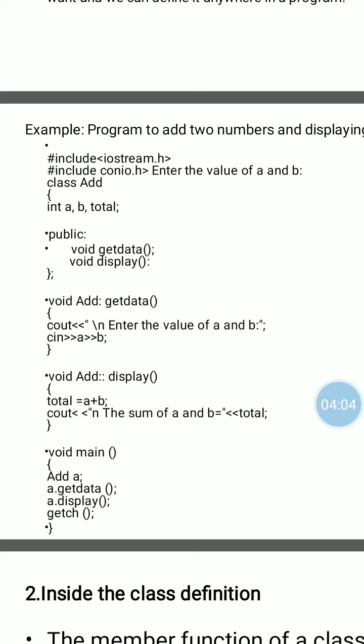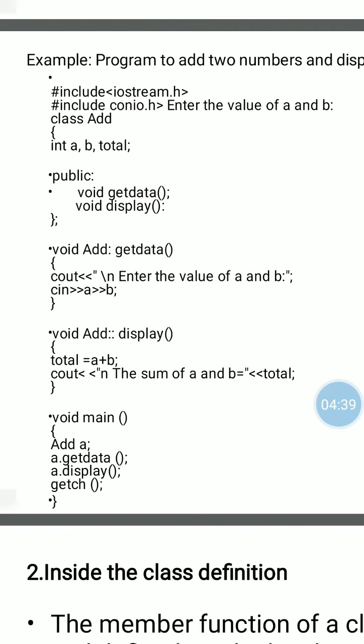So enter the value of a and b, that is, the cout function displays the message, and the cin function is used to take the input, that is cin a and b. In the case of cout we use the insertion operator, the less than operator is called the insertion operator, and with cin we use the extraction operator, that is the greater than operator.